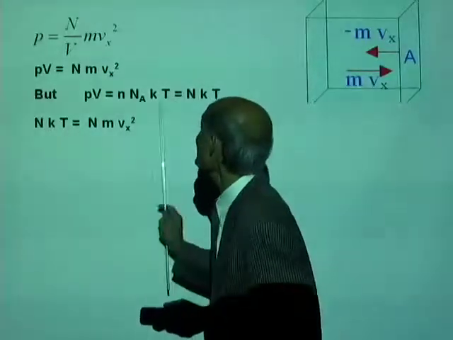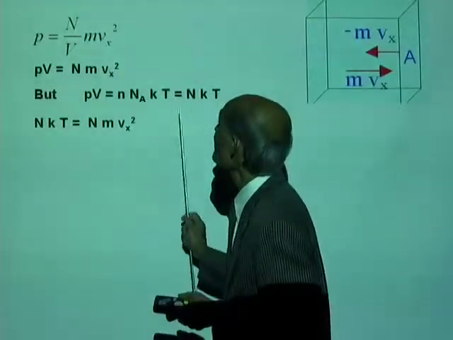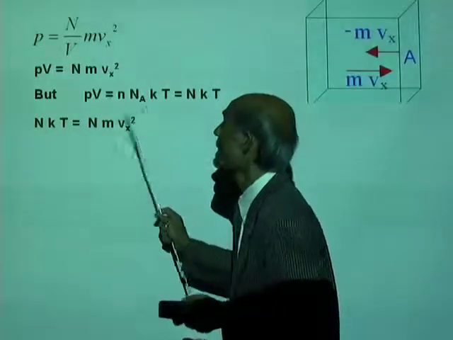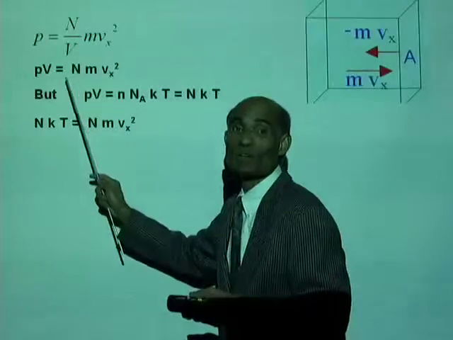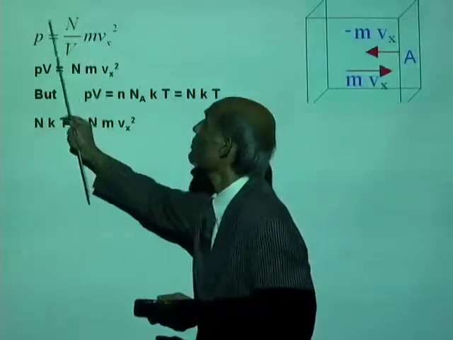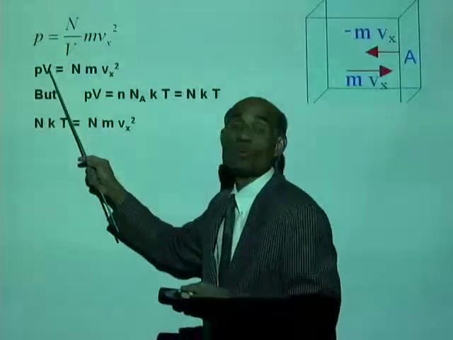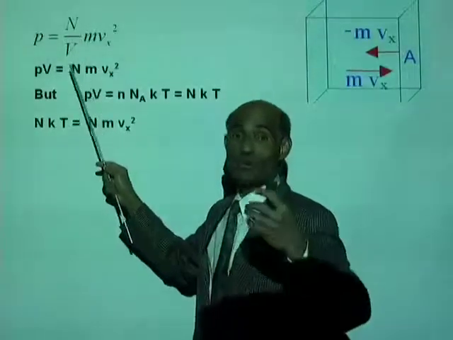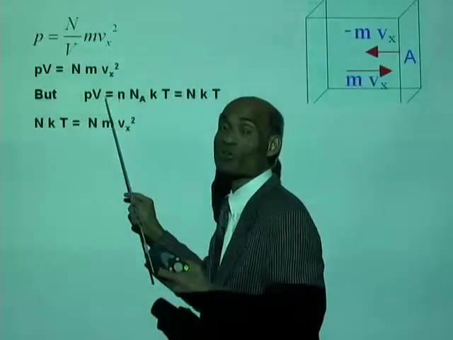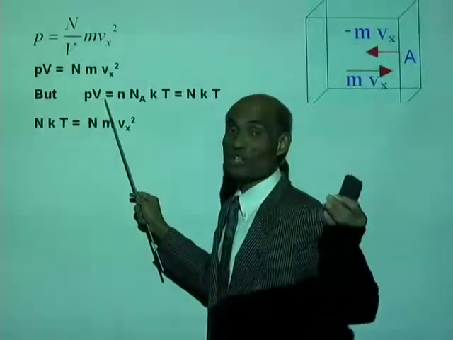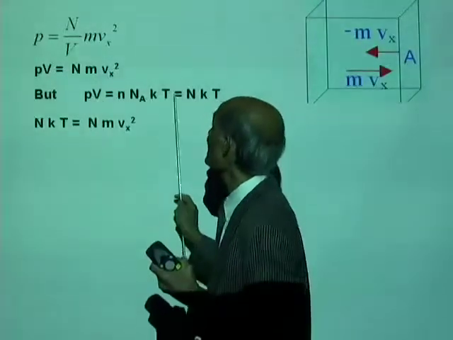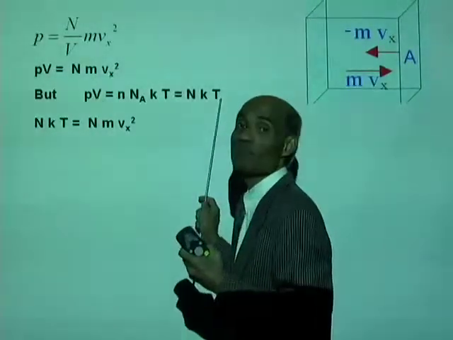So NkT equals N m vx squared. How did I get this one? Look at this. PV equals N m vx squared. That is what we have been working hard so far to obtain. And this is the result that we already know from the ideal gas law. So the ideal gas law tells you that PV equals NkT.